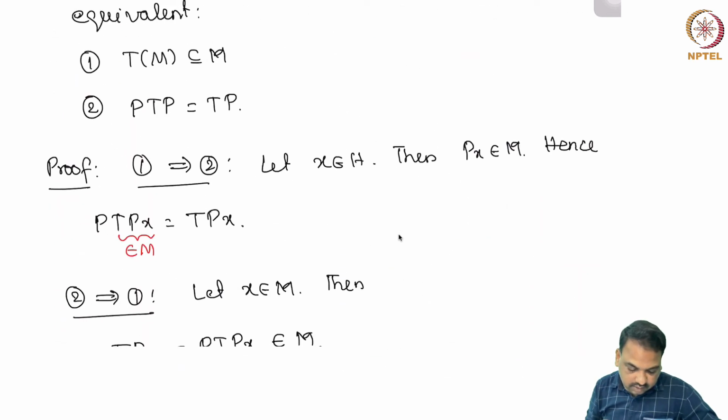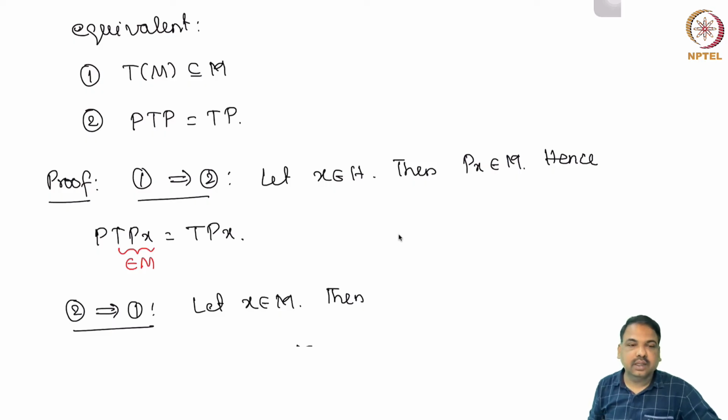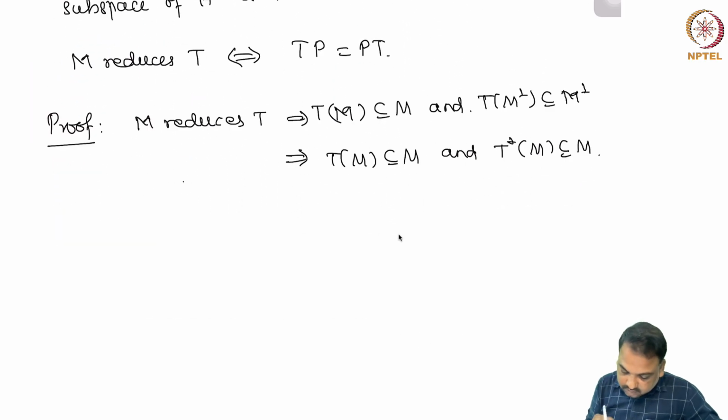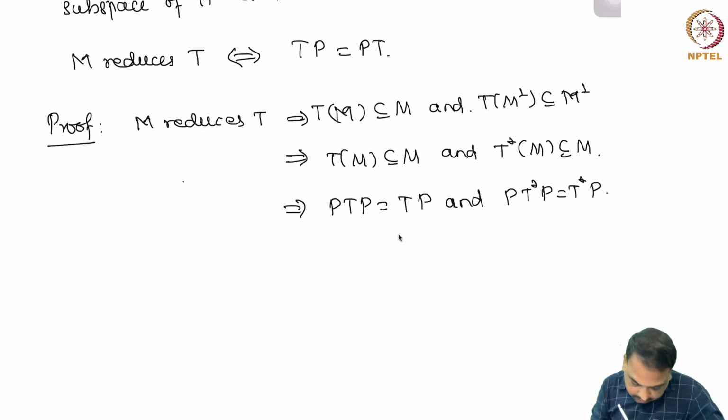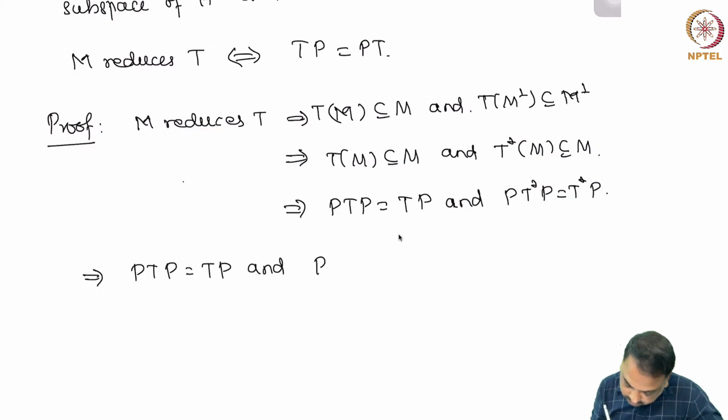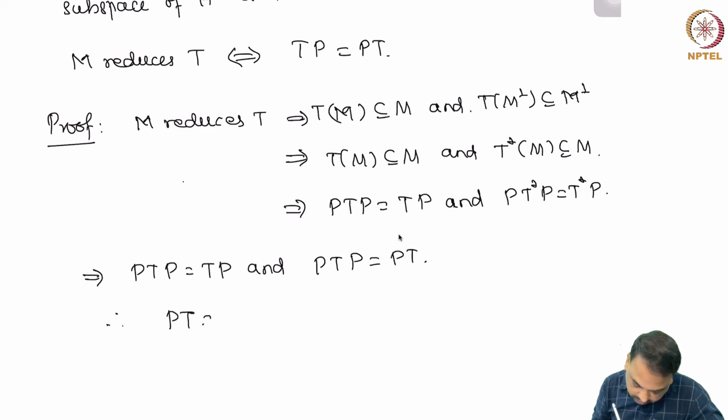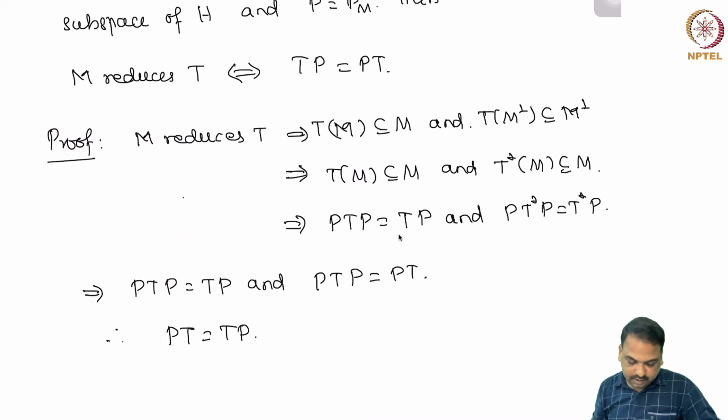By the earlier characterization we can say that PTP equals TP and PT star P equals T star P. So this implies PTP equals TP, and taking the adjoint on both sides, you will get PTP is PT. So therefore PT equals TP, because P star is P.